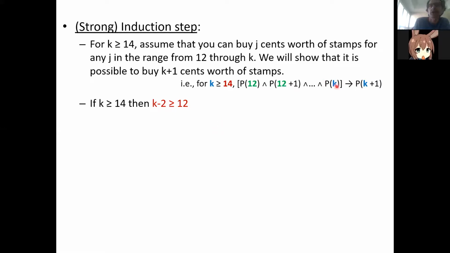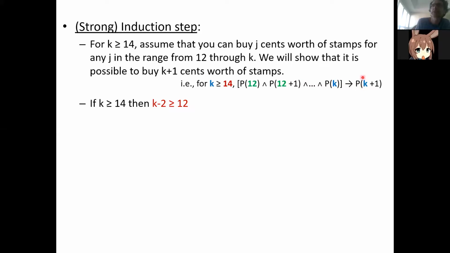Well, we want to argue that the predicate holds for k plus 1. In other words, that k plus 1 can be expressed as a bunch of 3s and a bunch of 7s, assuming that each of these integers could be expressed that way. So here is an easy move. How can you use the fact that all of these integers are expressible as a bunch of 3s and a bunch of 7s in order to show that k plus 1 is too?